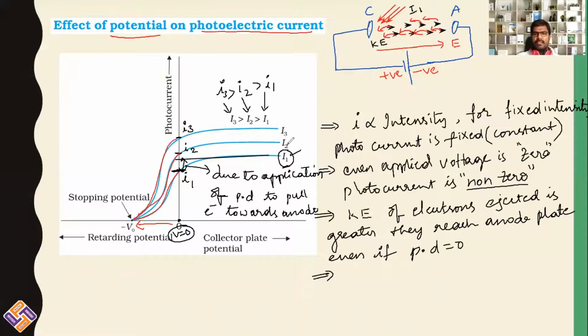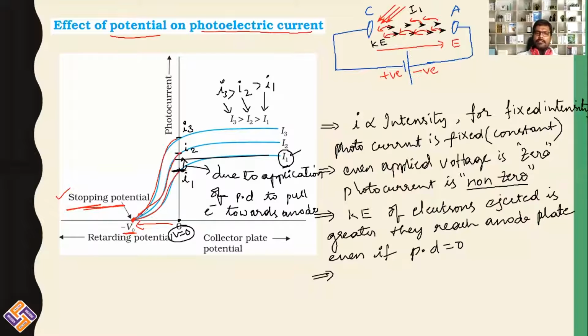For any intensity, it gradually decreases and finally, at one negative potential, it becomes zero, right? This potential, where the net photocurrent in the circuit tends to zero, is called the stopping potential.